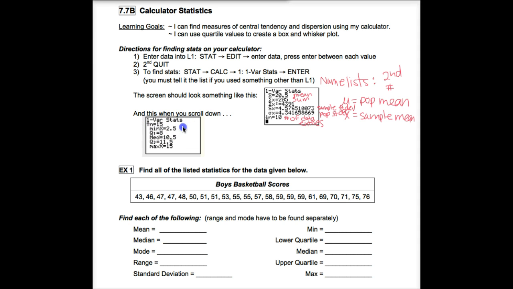Min X, this is the minimum value, so the lowest. Q1, that is your lower quartile, which, and you've learned this before, but just to briefly review, that's the median of the lower half.